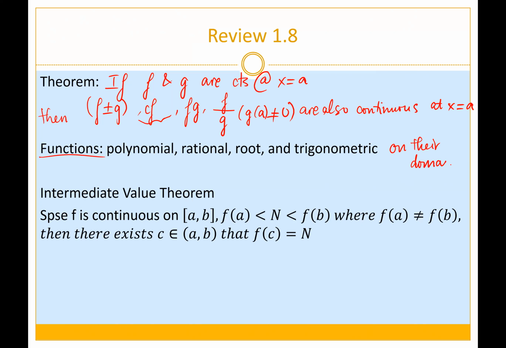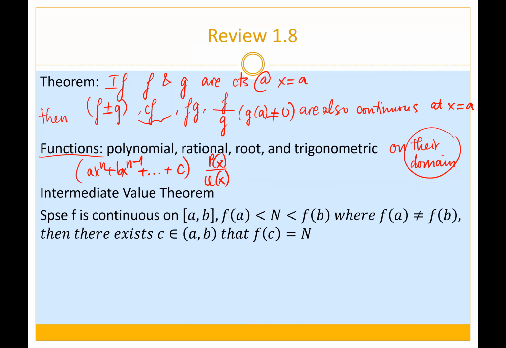Then you have the rational function. That's why I'm saying on their domain, because a rational function is usually in the form p(x) divided by q(x). You need the denominator to be different from 0 so that the fraction is meaningful. So the domain will exclude the points where the denominator is 0 and the fraction is not defined. So the rational function is continuous on its domain.